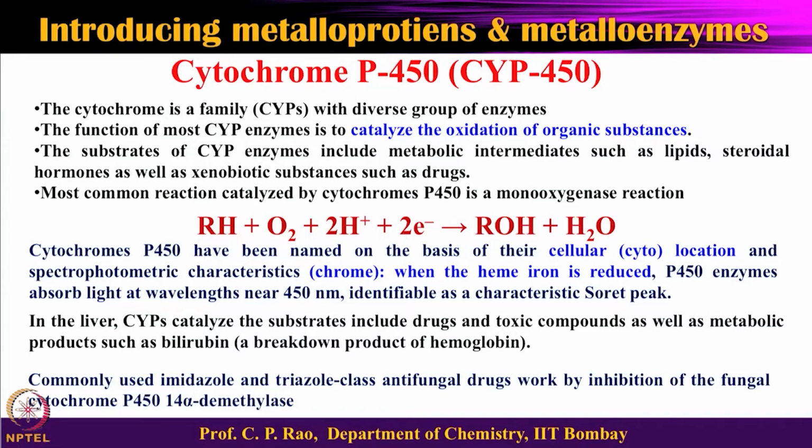The reason is that you have to convert both oxygens into water. Here you do not need to convert both into water. You need only one O to convert into water, which is why you require 2 H plus and 2 electrons. So, it is basically inserting one O of the O2 into the RH bond, which becomes ROH.